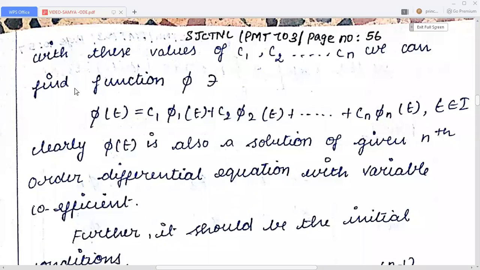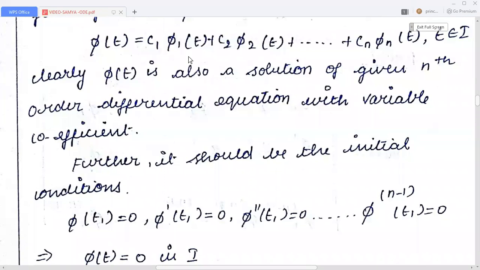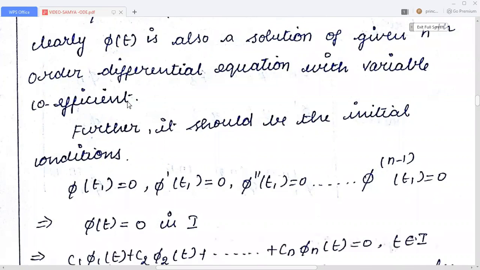So with these values of C1, C2, C3, etc., Cn, we can find a function phi such that phi of t equals C1 phi 1 plus C2 phi 2, etc., Cn phi n. Clearly, phi of t is also a solution of the given nth order differential equation with variable coefficients.